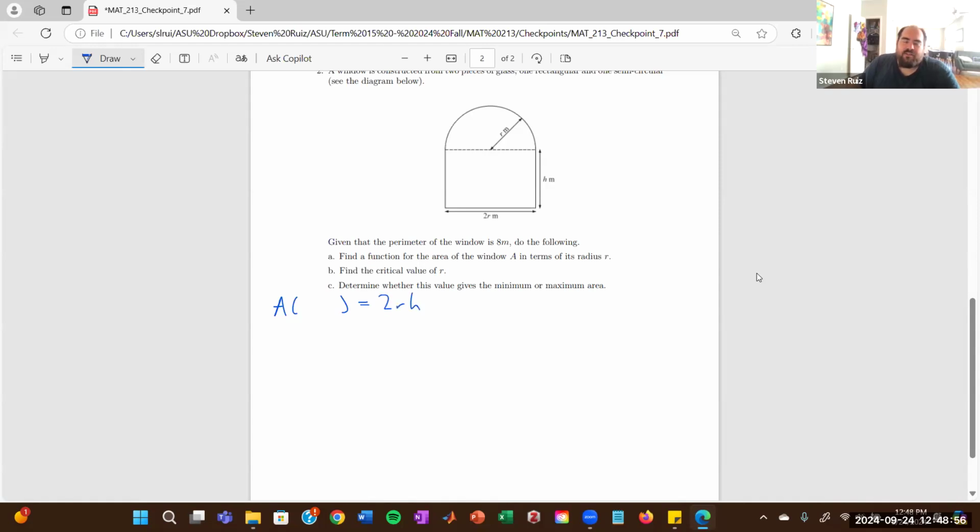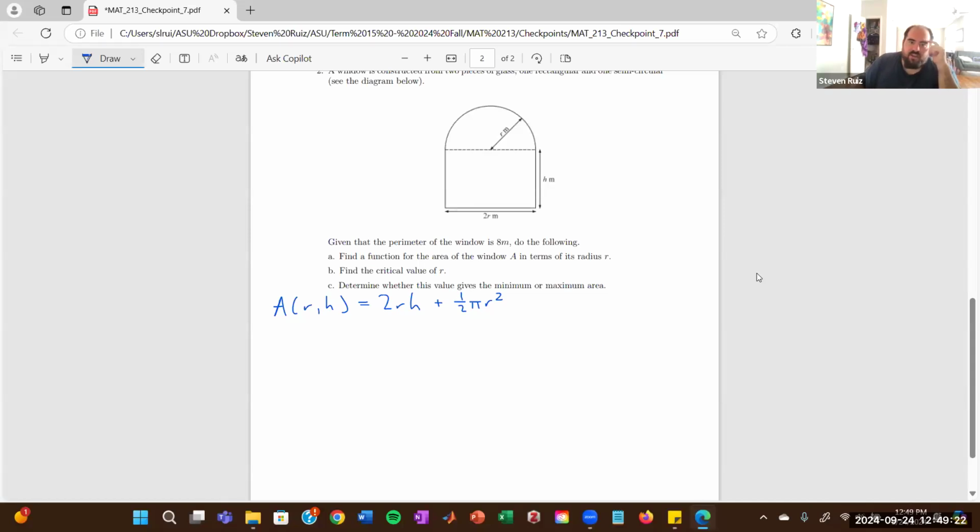So 2rh plus the area of a half circle. So what's the area of a circle? The area of a circle is pi r squared. We only have half of that. So this is going to be plus 1/2 pi r squared. So for now, we have an area function that's a function of 2 variables, radius and height.